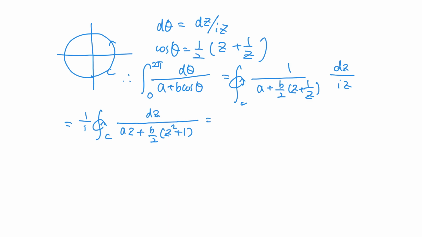So maybe we can pull 2 out: 2 over ib times the integral of dz over z squared plus 2a over b z plus 1, right?